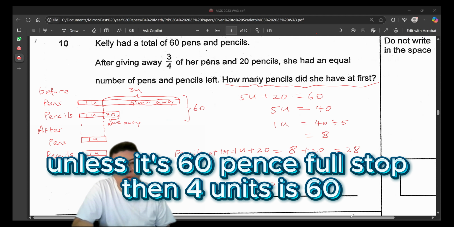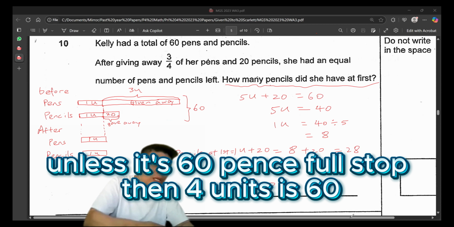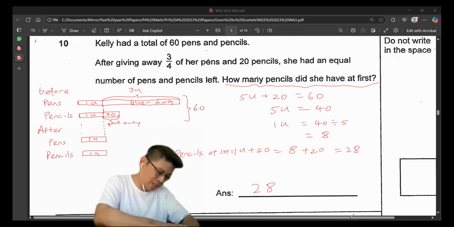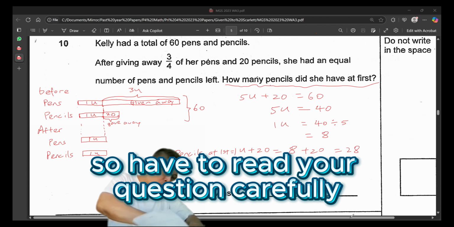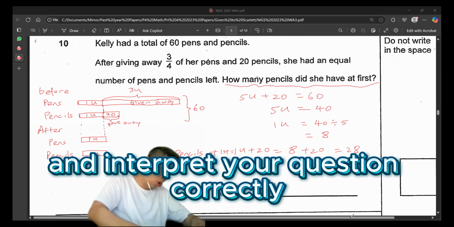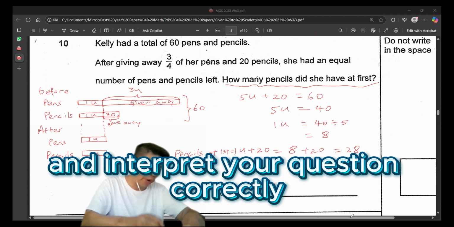Then 4 units is 60. So you have to read your question carefully and interpret it correctly. If not, all your workings are wrong. If working is wrong, you won't get the answer. That means you won't get the marks.